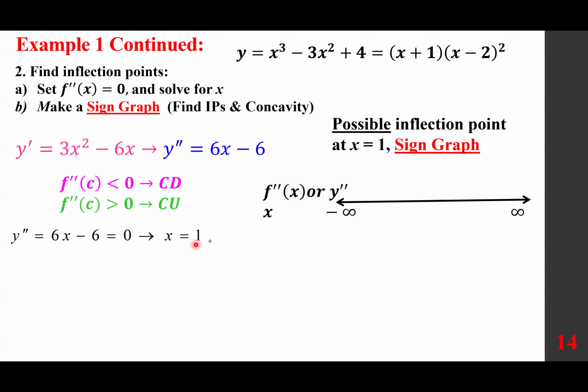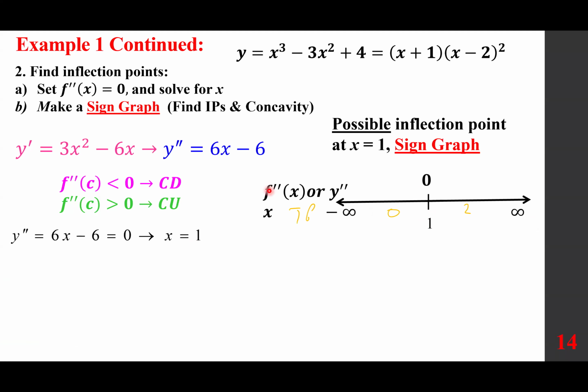We are going to put this here. And at this point, f double prime is 0. Now we do the test points. Let me write down TPs. The easiest point to the left of 1 would be 0, and to the right would be 2. So plug in 0 into what?